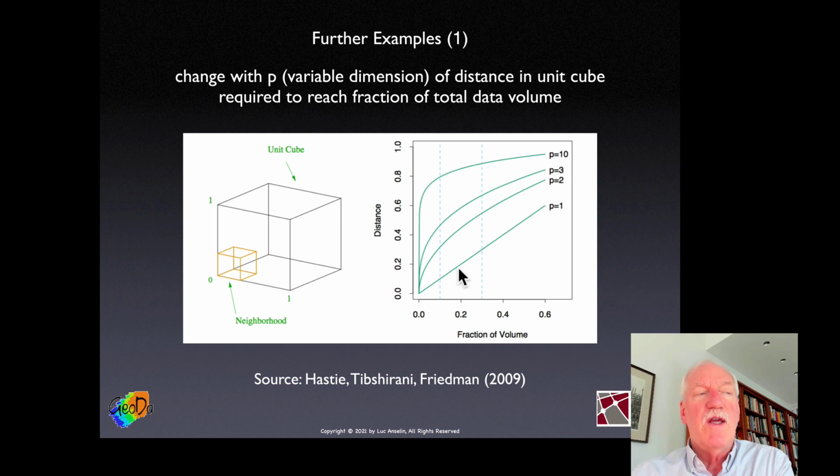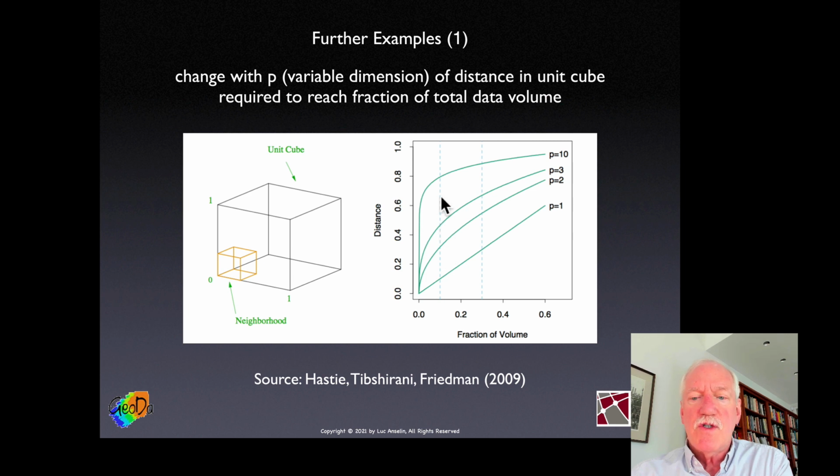But very quickly, this deteriorates. So let's take 10% of the data volume. Linear is 10. 2 dimensions, we're here. We have to search about 30% of the square. 3 dimensions, we're very close to half of the volume of the unit cube. So in this little example here, to find 10% of the data points, we would have to search half this box.